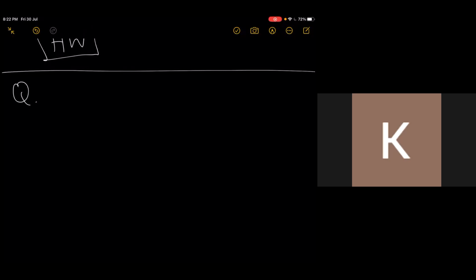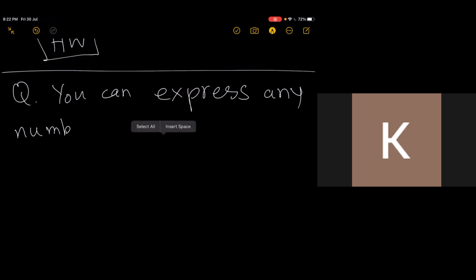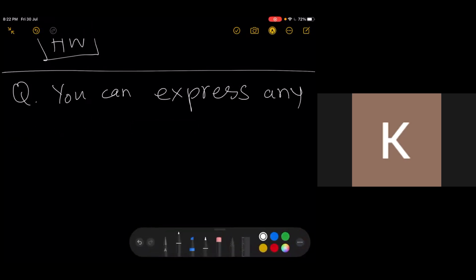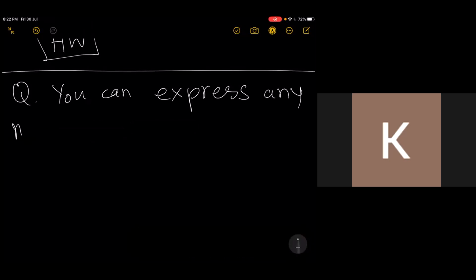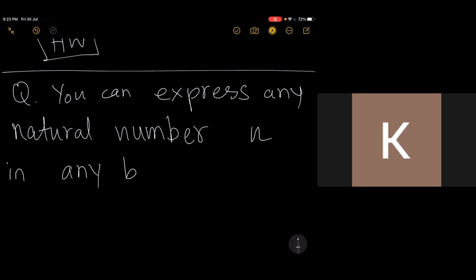So the question is, you can express any such natural number n in any base uniquely.